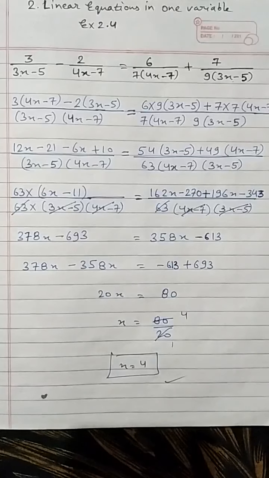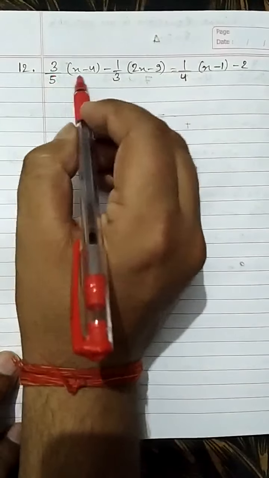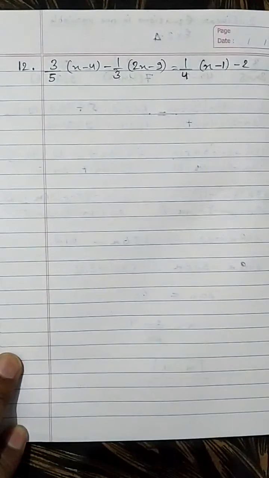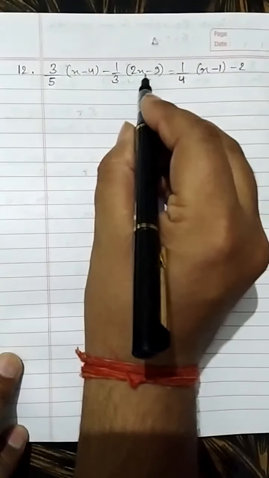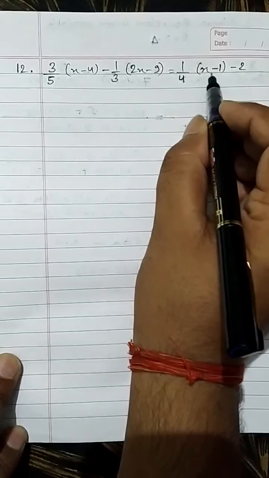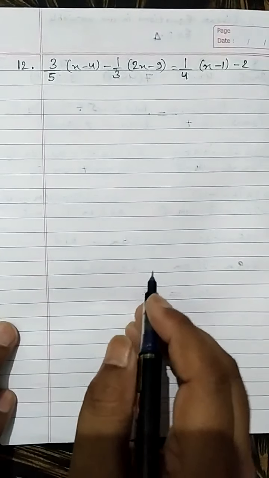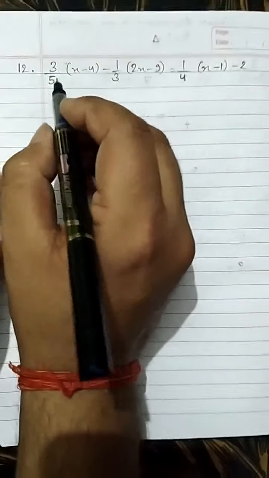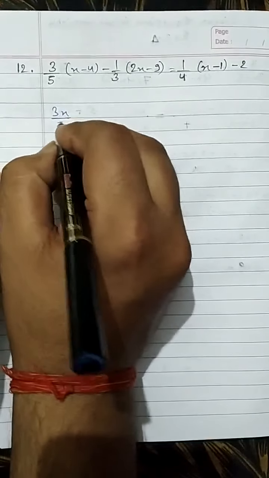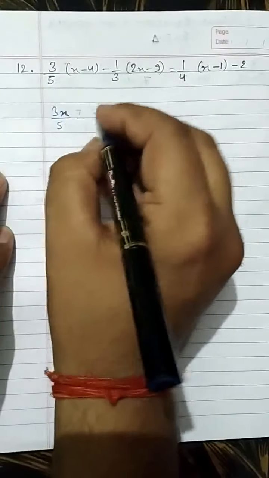Okay, this is question number 12. 3 upon 5(x minus 4) minus 1 upon 3(2x minus 9) equals 1 upon 4(x minus 1) minus 2. This is the simpler question. 3 upon 5 multiplied by x gives you 3x upon 5. 3 fours are 12.